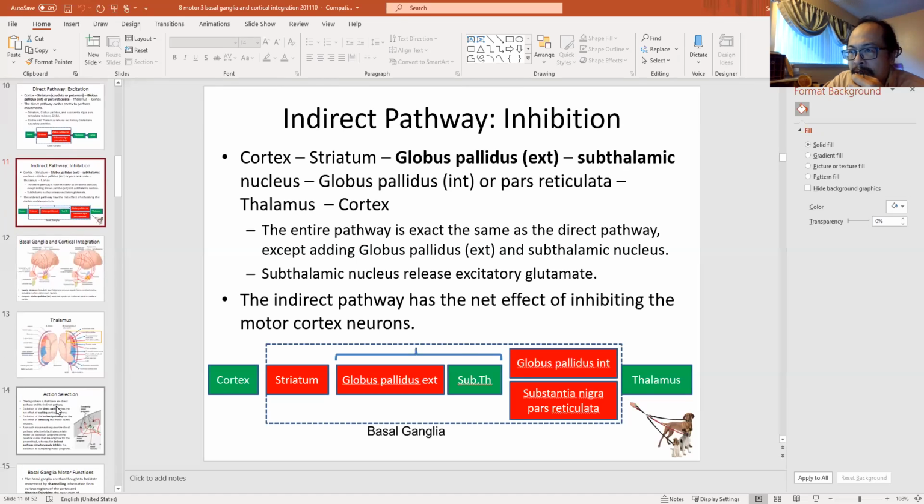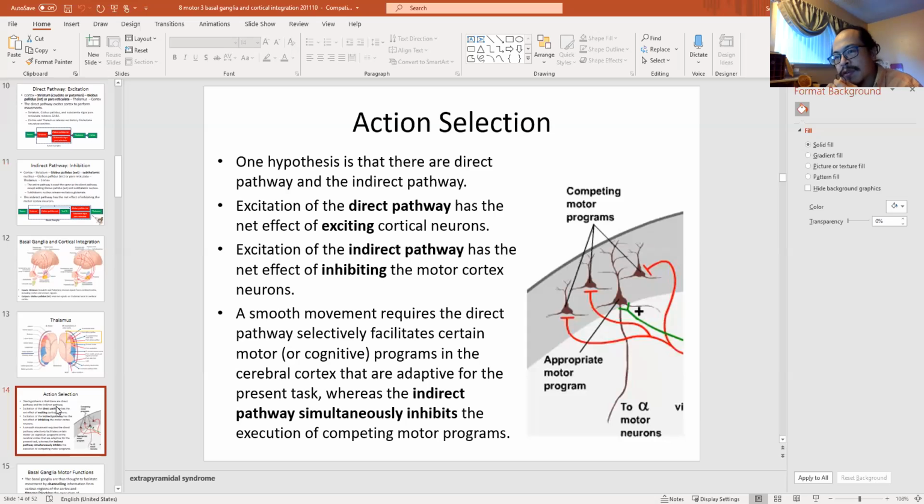So this gives the idea that it can be used to explain that even though it's a voluntary behavior, a lot of the time people perform a certain pattern, certain behavior. And why is that? It's because of this direct and indirect pathway. So this one shows you the theory called action selection.